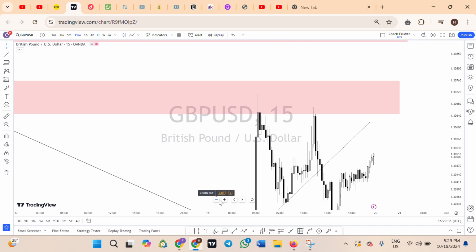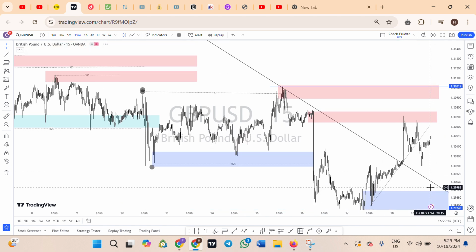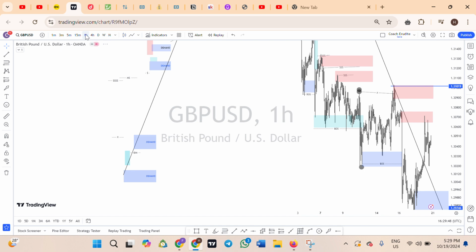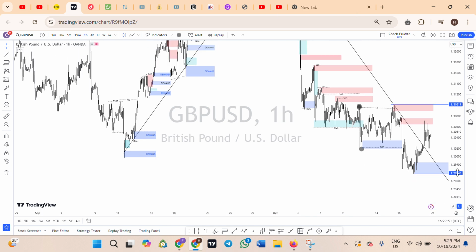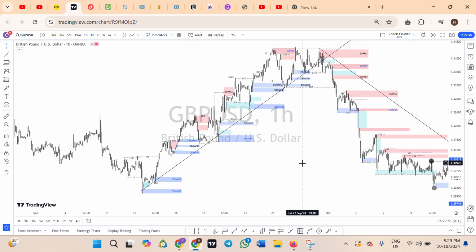Let me zoom out completely from the charts and go to the 1 hour time frame. I actually marked out the levels of demand and supply.